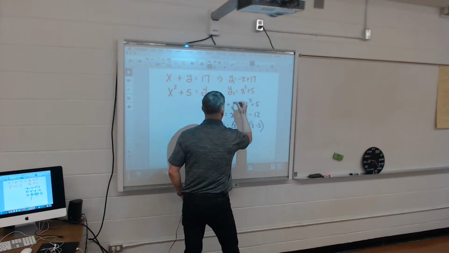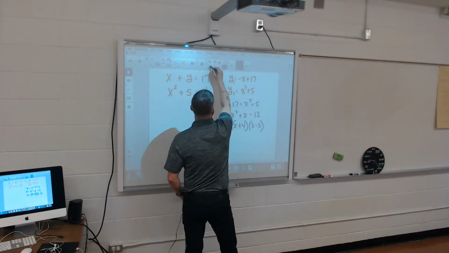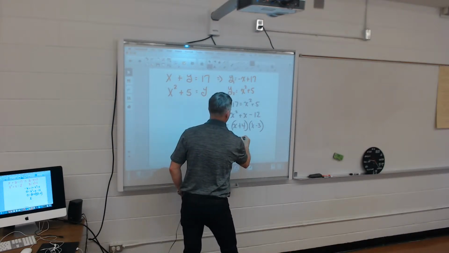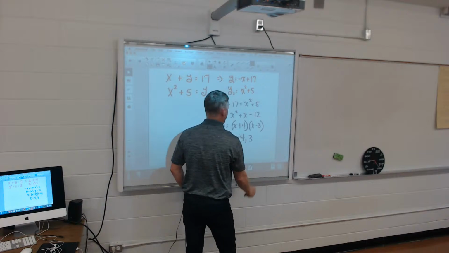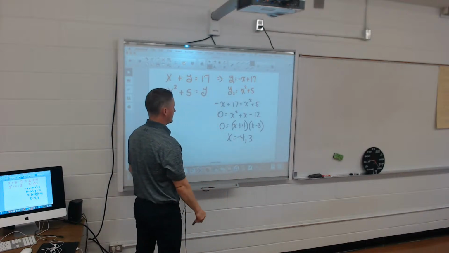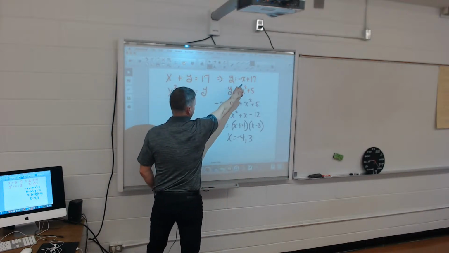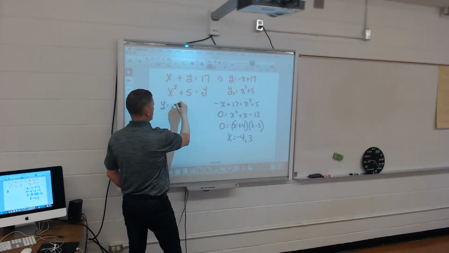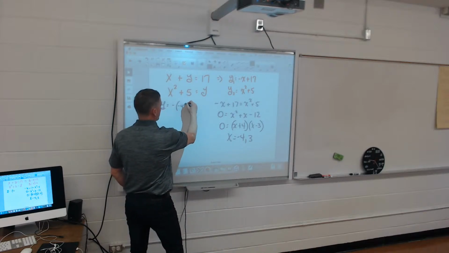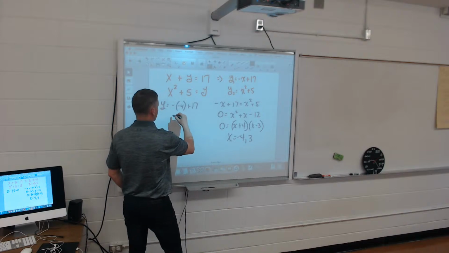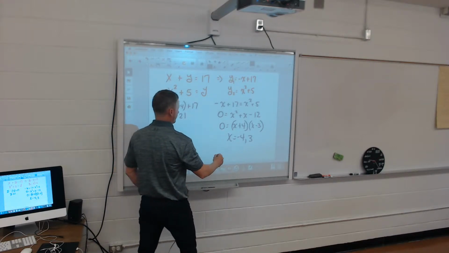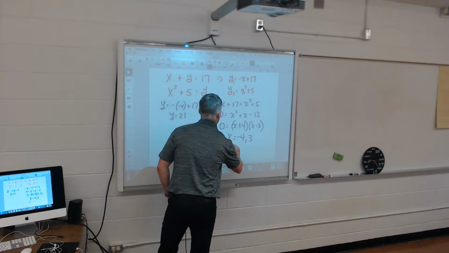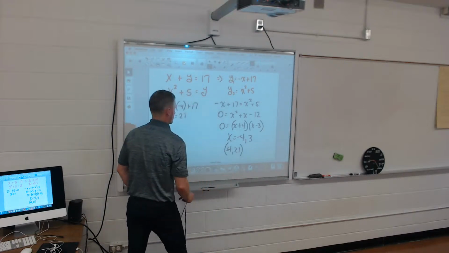So that gives me negative 4 and 3 as my x values. I substitute negative 4 into there. That gives me y equals negative (negative 4) add 17, so y is equal to 21. So my first solution would be negative 4 and 21.